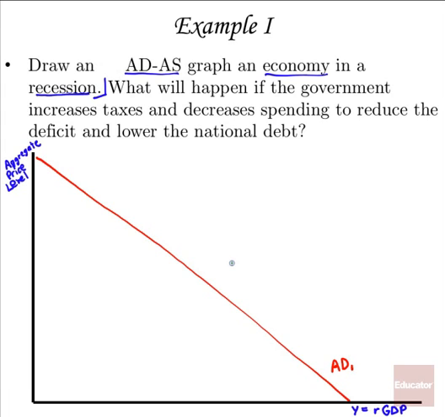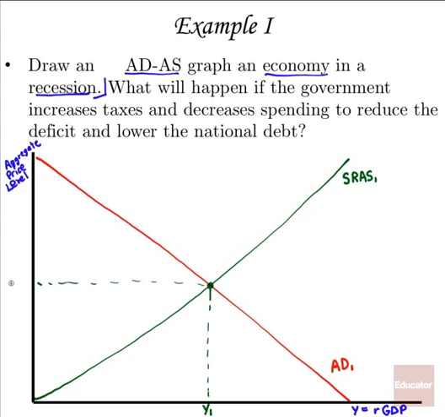And you are here going to have the aggregate supply. And this is the short run aggregate supply, so SRAS1. And where the short run aggregate supply and the aggregate demand intersect, that is going to be labeled as Y1, which is the current output here. And this is going to be PL1, so the price level 1 here.